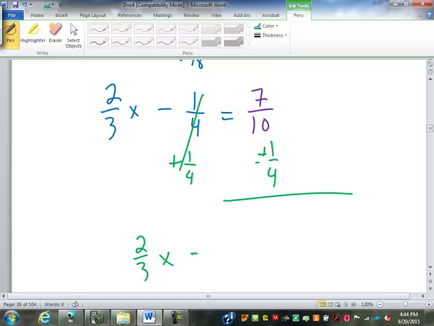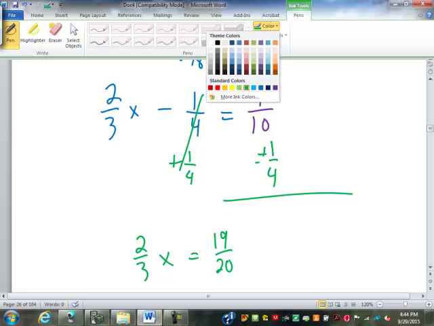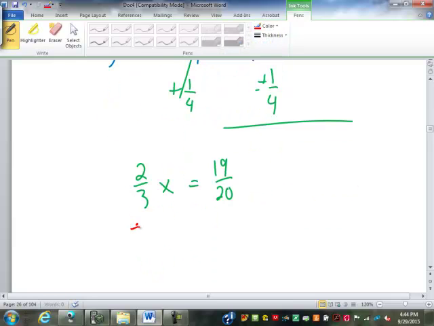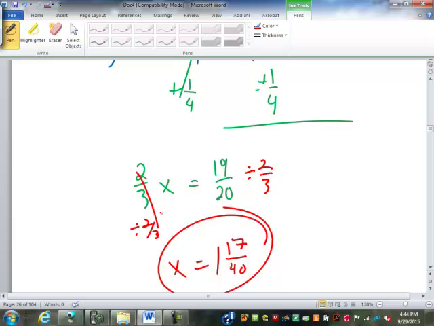Two-thirds x equals 19/20. Good. And then divide by 2/3. X equals 1 17/40. How many had that one? Cool. More hands. Good.